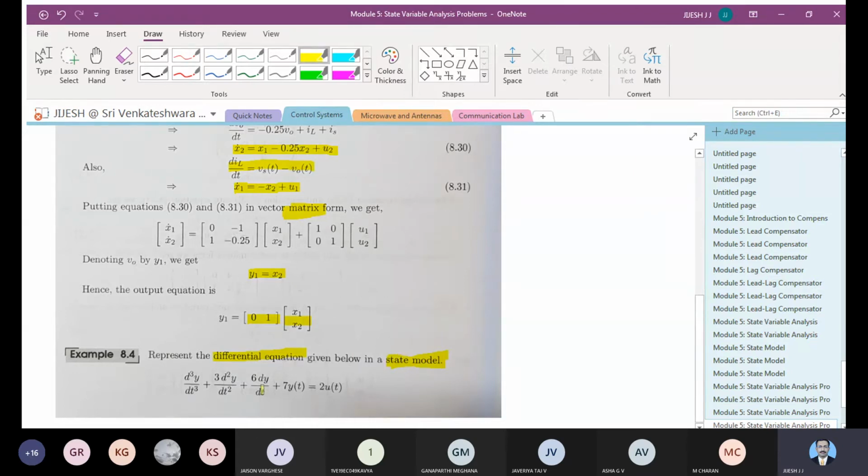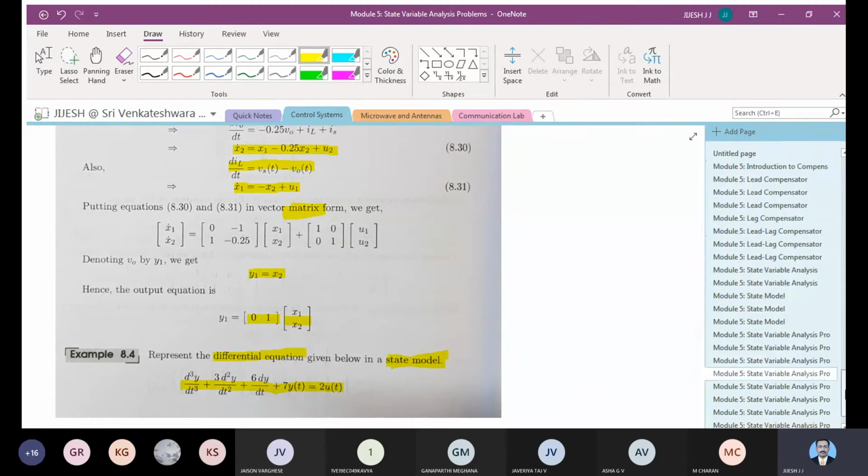The differential equation given here is d cube y by dt cube plus 3 d square y by dt square plus 6 dy by dt plus 7 y of t is equal to 2 u of t. Once you are given that differential equation, how do you solve for the state model? You have to come out with the matrix form itself. Let us see how we can do it. It is of order 3, and we will see that.